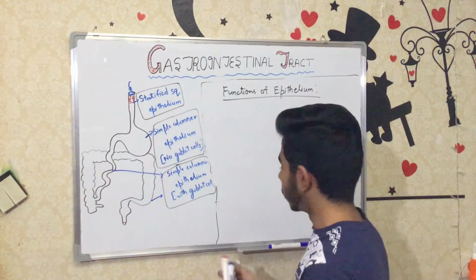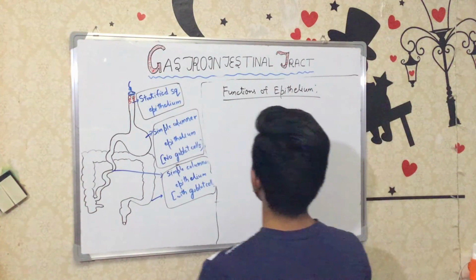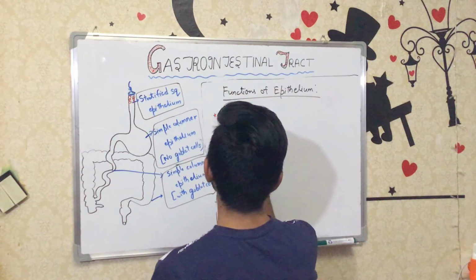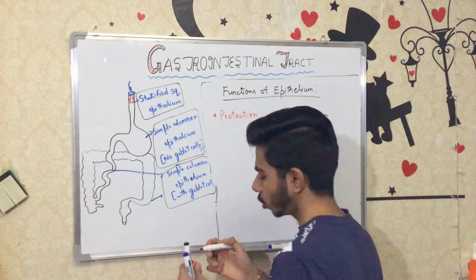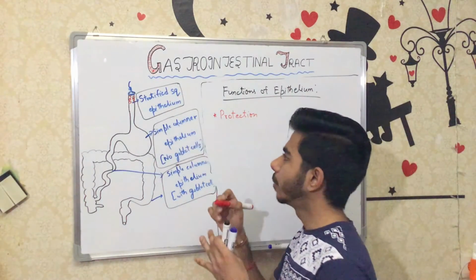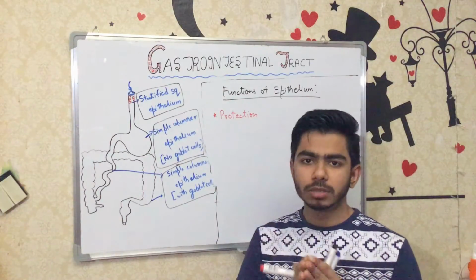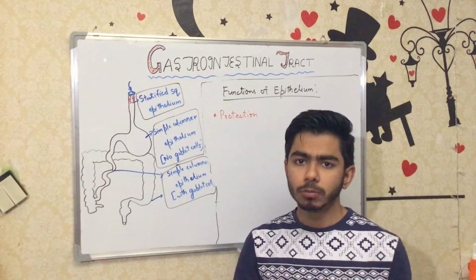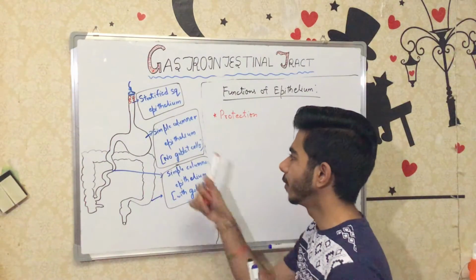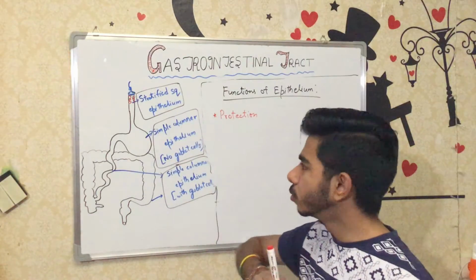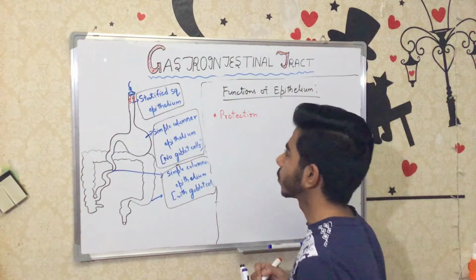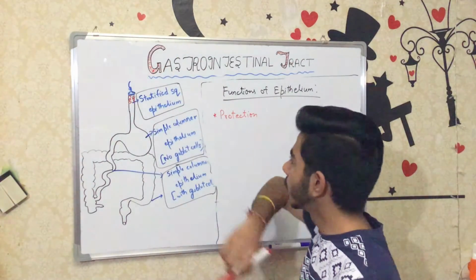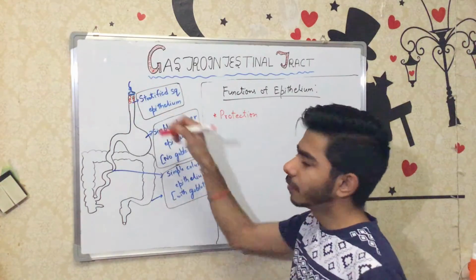The first function is protection. I already told you about the protection, that with the help of the tight junctions between them, they do not allow any foreign antigen or microbe to pass through them, with the help of the stratified squamous epithelium.